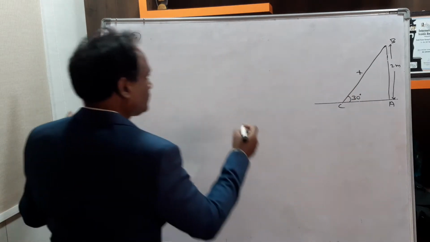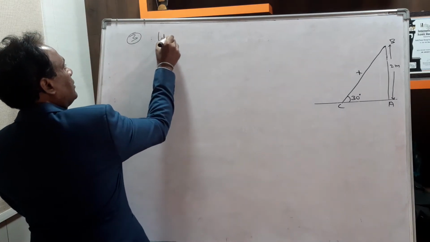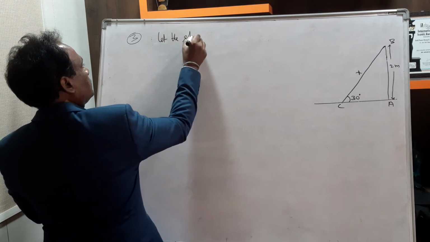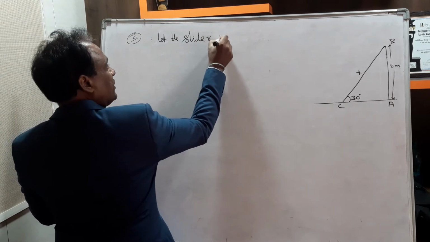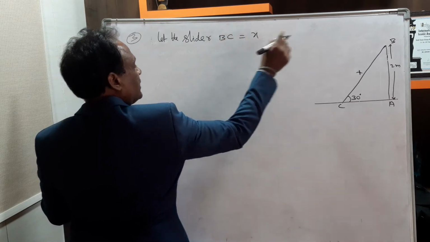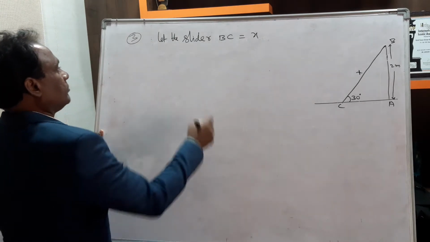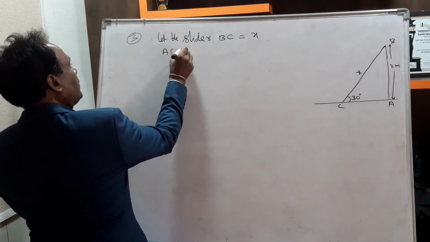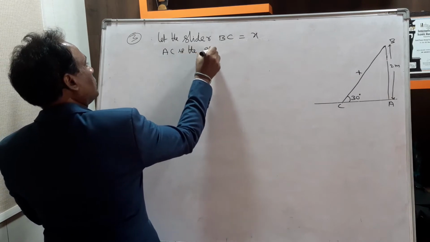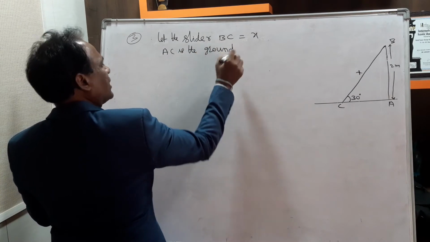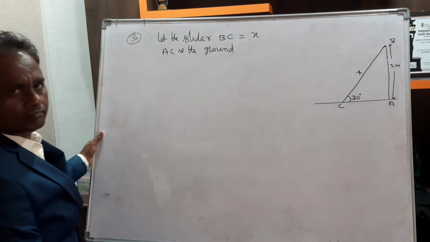See here. Let the slider, BC, have length x. AC is the ground, a horizontal line.